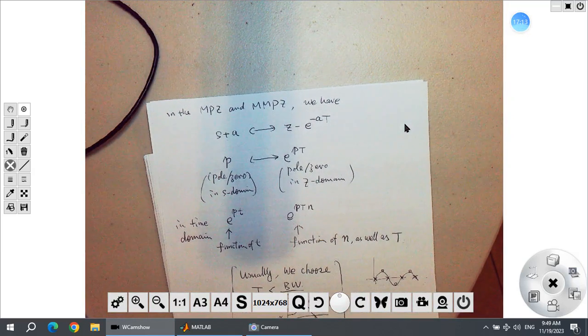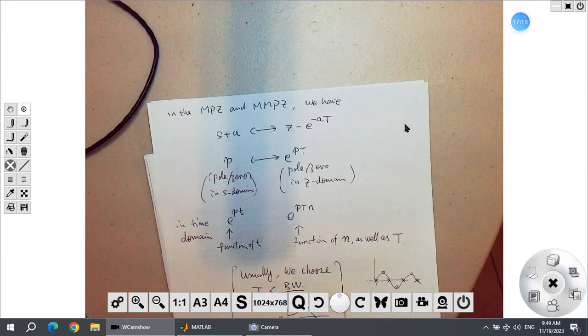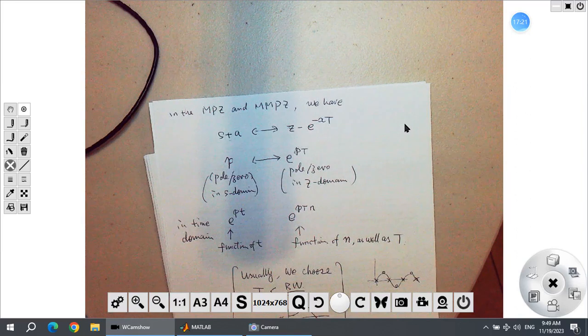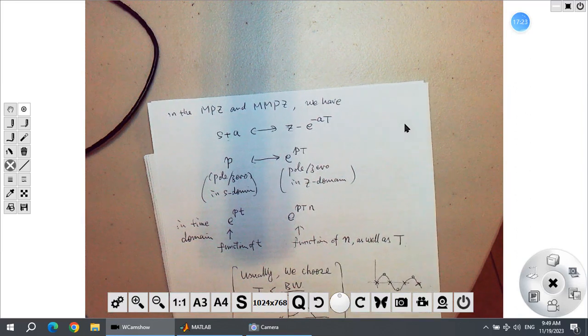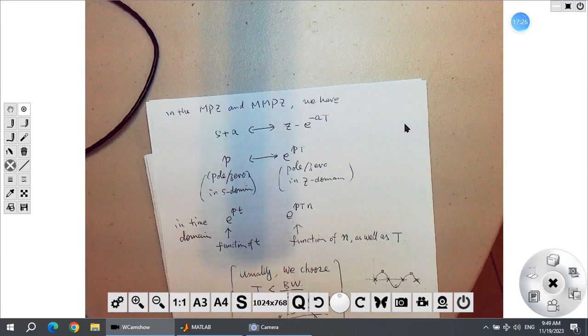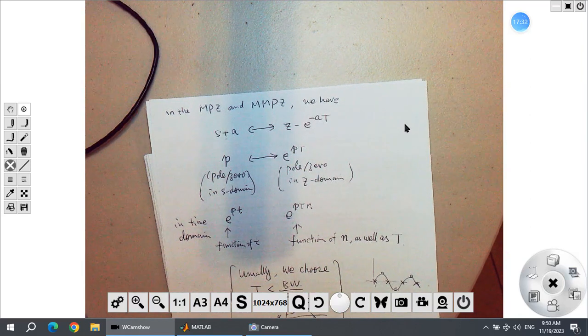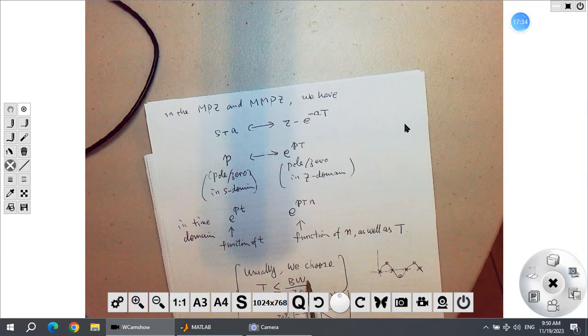But if lower than the Nyquist rate, you take fewer samples, and you lose some information. So the Nyquist rate is a boundary of good sampling, but it is too close to bad sampling. So usually we use this one, which is smaller than the Nyquist sample rate.